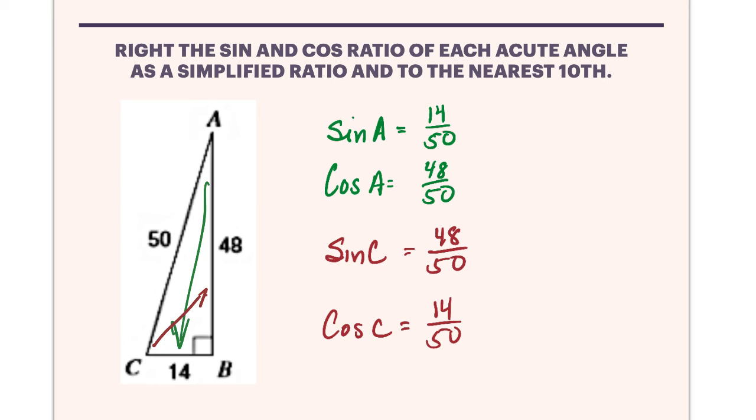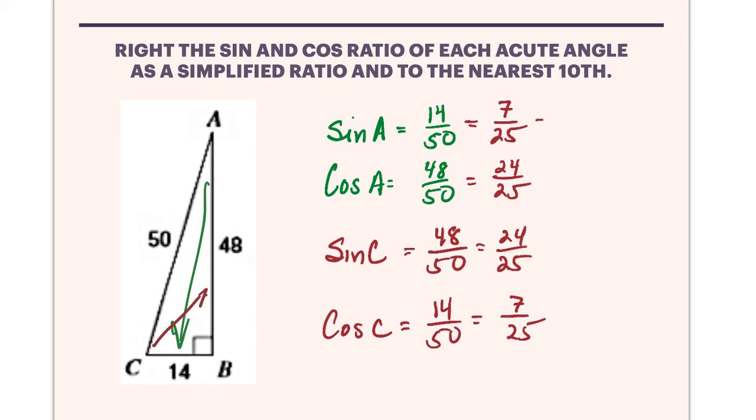Because we have to go to the decimals here, I do want to write it as simplified fractions. Everybody's divisible by what? 2, 7/25. Everybody's divisible by 2 again, I think, is all 24/25, 4/25, divisible by 2, 7/25.